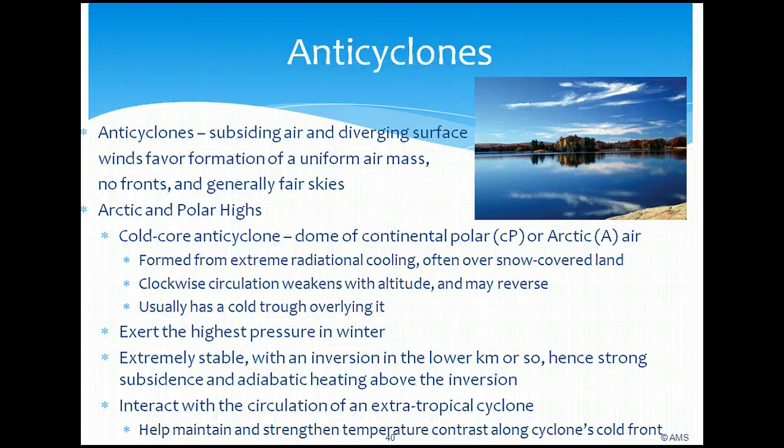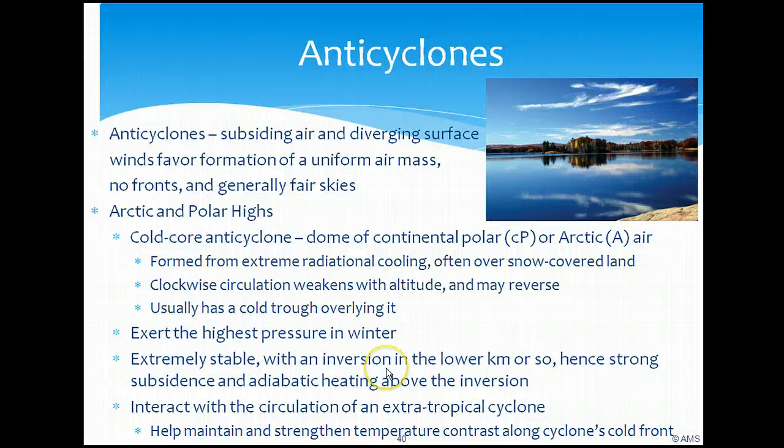As noted previously, the circulation in an extratropical cyclone favors convergence of contrasting air masses and development of fronts, clouds, and generally precipitation. In contrast, an anticyclone has subsiding air and diverging surface winds, which favor the formation of a uniform air mass where there are generally no fronts and relatively fair skies.